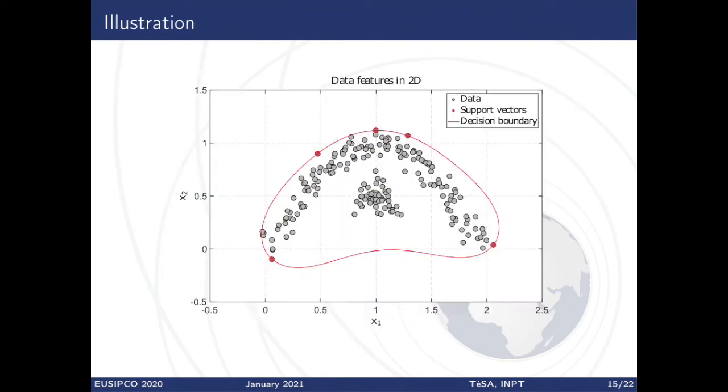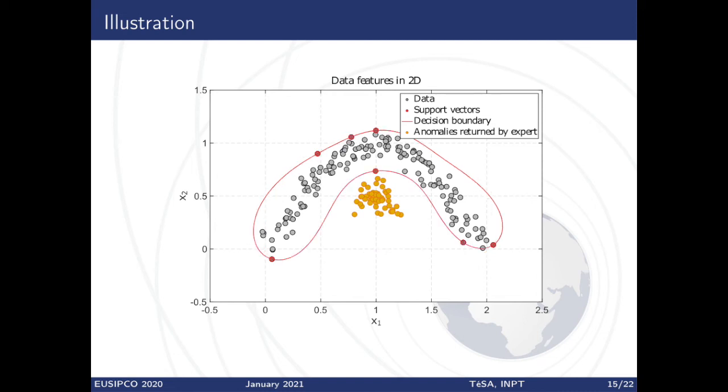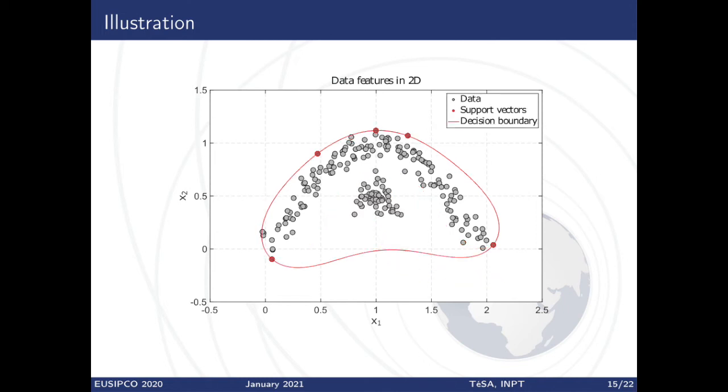So if we go back to this synthetic data set here, let's imagine that the experts labeled this data as anomalies. Then the decision function will be modified according to this decision and let this unlabeled data inside and these labeled anomalies outside.